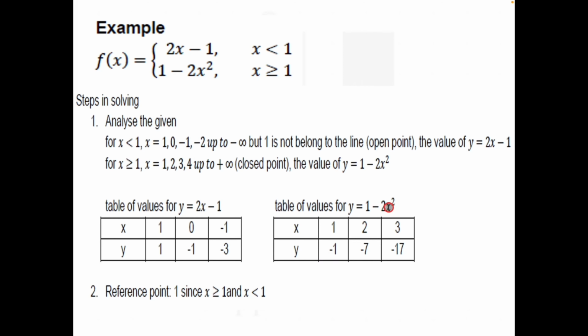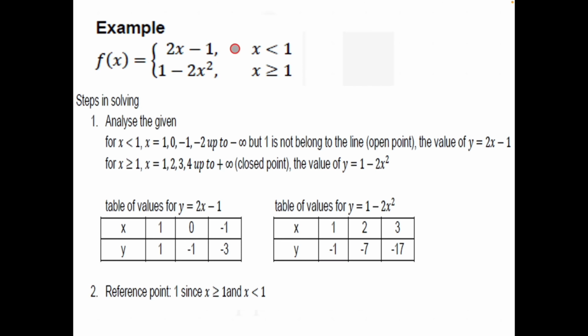So, 2 times 1 is 2. Then, 1 minus 2, this will be negative 1. Then, here, 2 squared is 4 times 2, this is 8. 1 minus 8 is negative 7. Then, here is the 3. 3 squared is 9 times 2, it's 18. 1 minus 18 is negative 17.